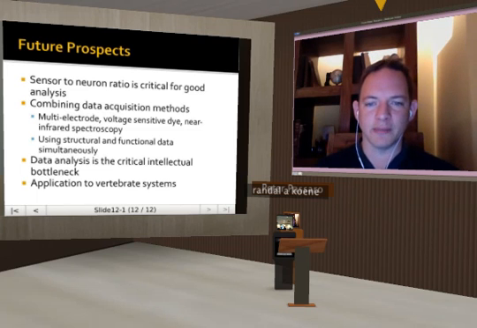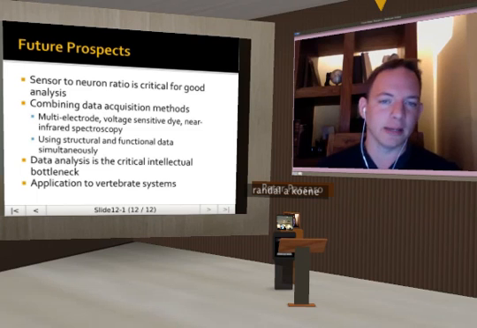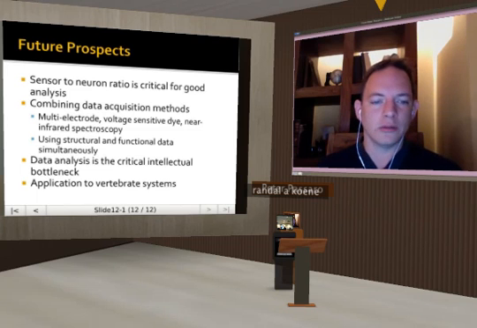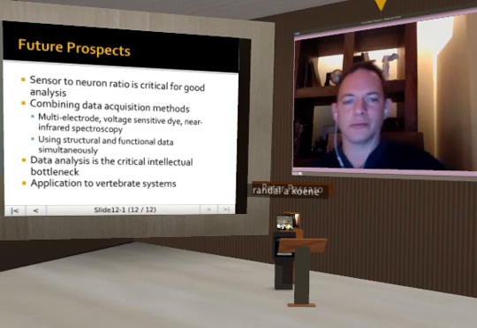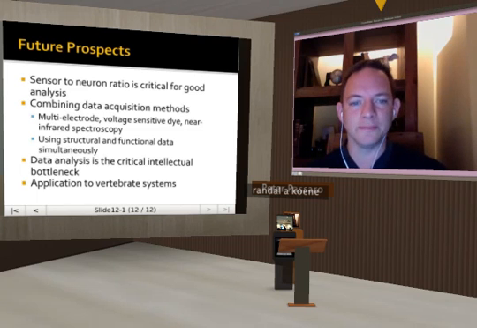But I think it might be reasonable to do much less than that. You might be able to do a 10-to-1 or 100-to-1 sensor to neuron ratio in order to pick up the data that you need, if you can produce analysis systems that can sort out the data so that you could separate multiple neurons out.